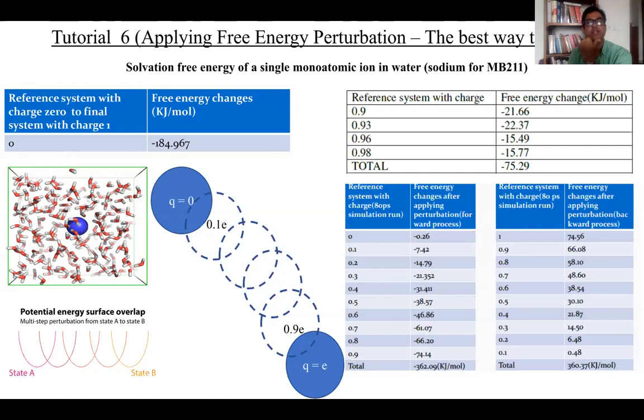So I'll try to show how thermodynamic integration and free energy perturbation methods are special cases of Jarzynski's equality. Okay.